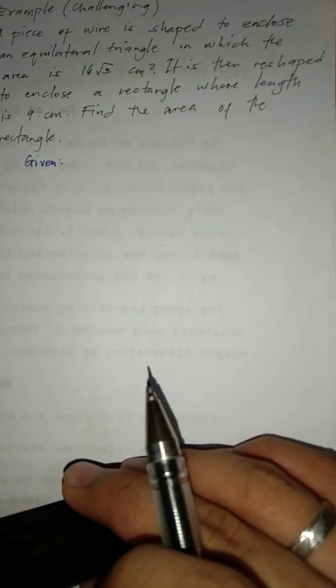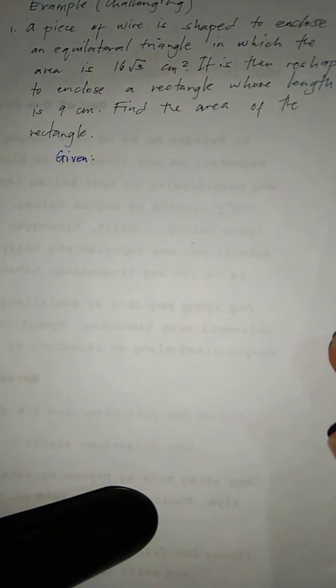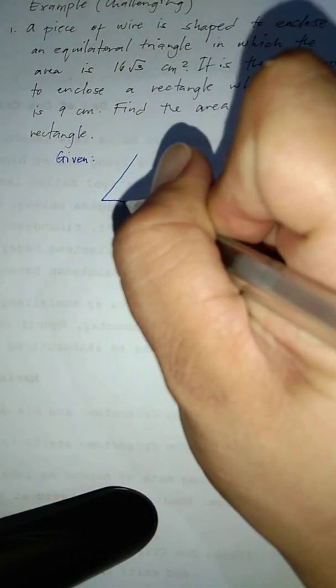Okay. So according to the given, a piece of wire is shaped to enclose an equilateral triangle whose area is 16 square root of 3 square centimeters. So first we will draw an equilateral triangle like this.